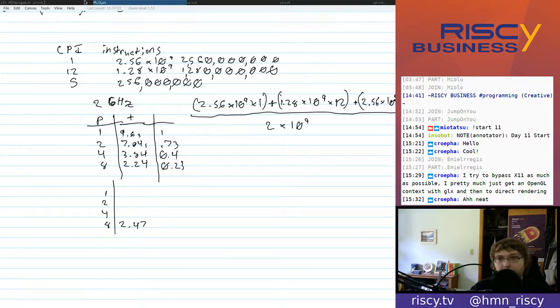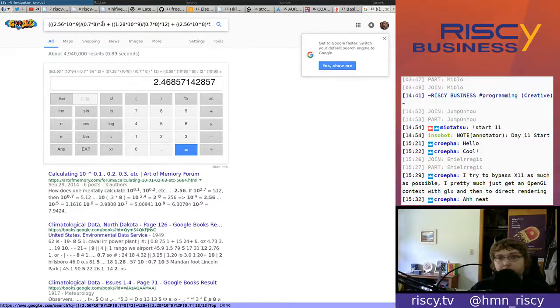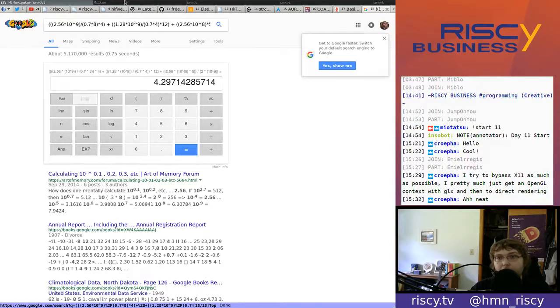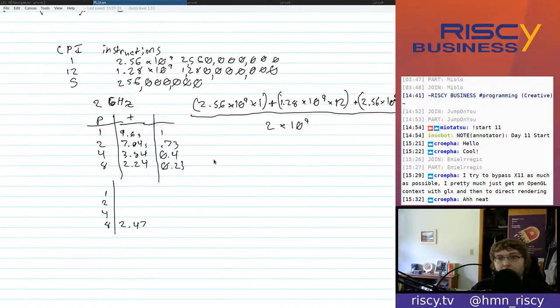Now let's do 4 cores. 4.297, so let's round it to 4.30.